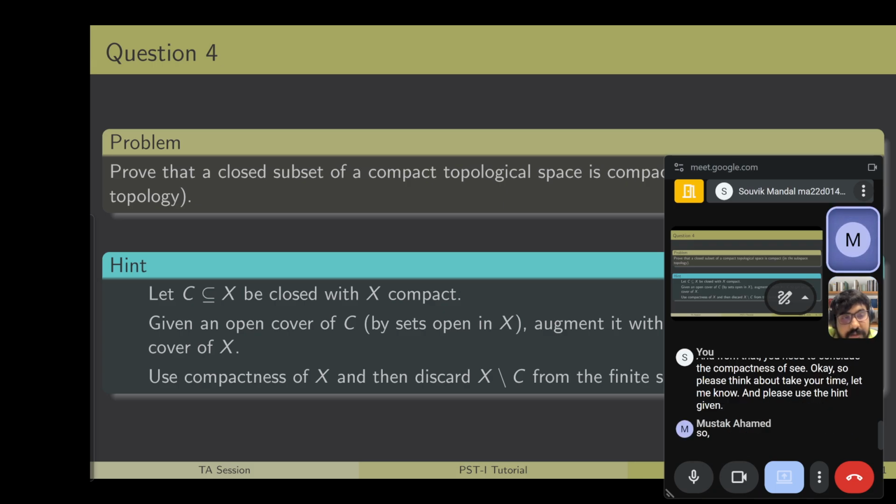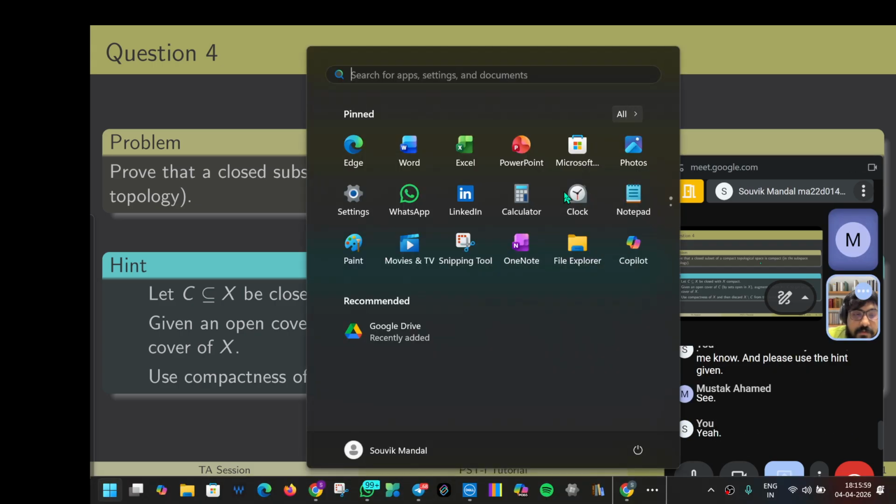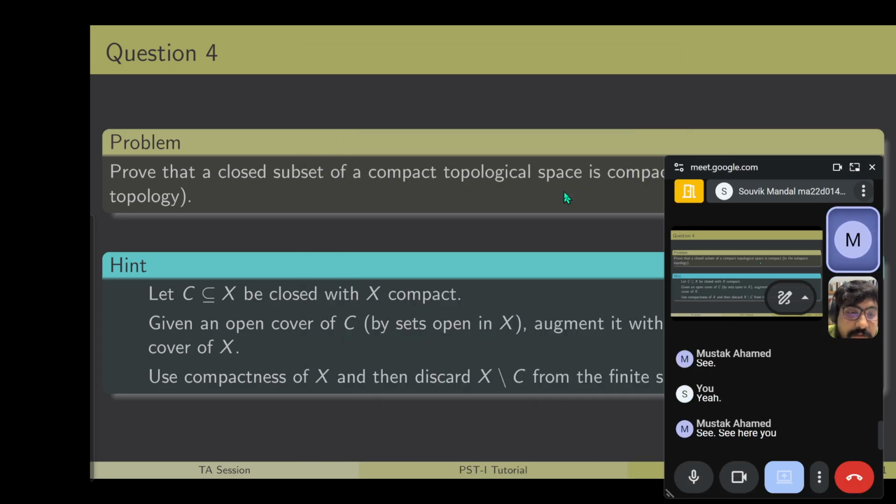You take a closed subset. Let U_α be an arbitrary open covering of C in the subspace topology.